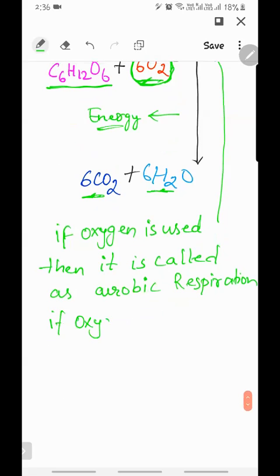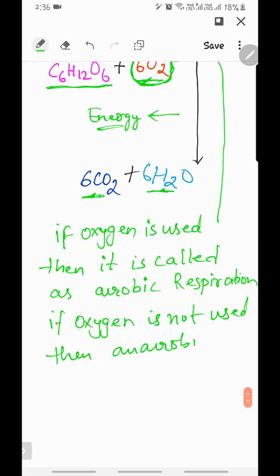If oxygen is not used, then anaerobic. Okay, this is respiration in animals.